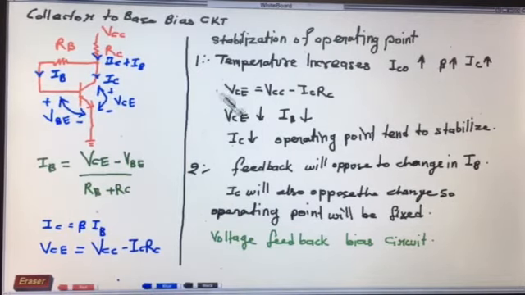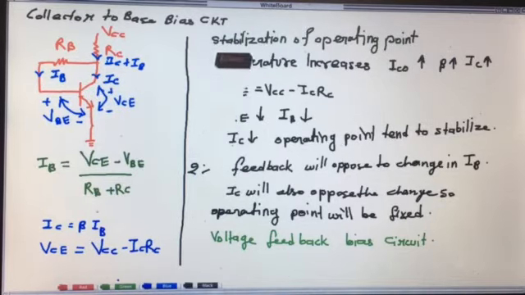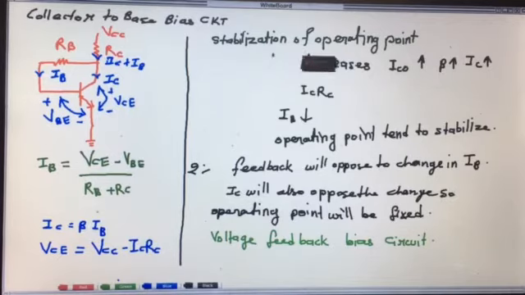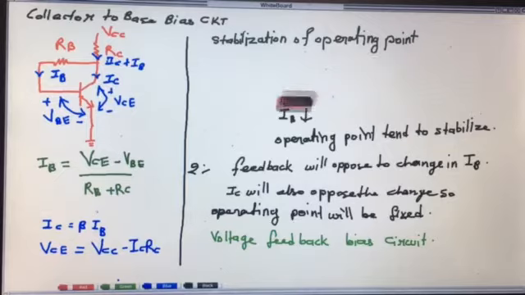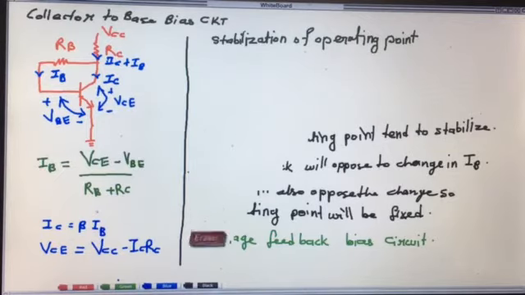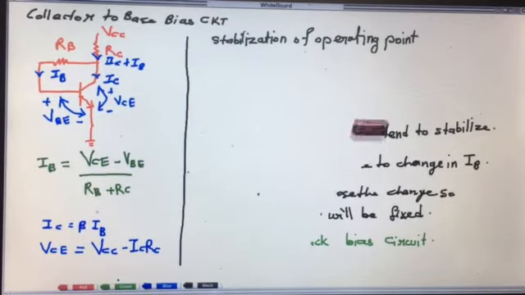Here we have discussed two points. Now our third point is what happens when this transistor fails or burns out. In that case we will replace this transistor with another transistor, then the current gain, that is beta of the transistor, will be changed. So what will be the effect in that case?